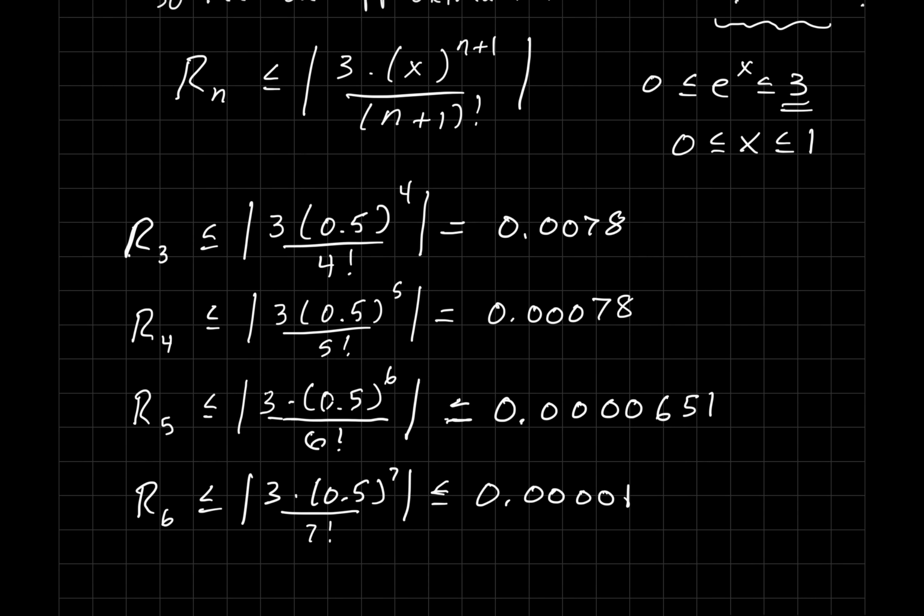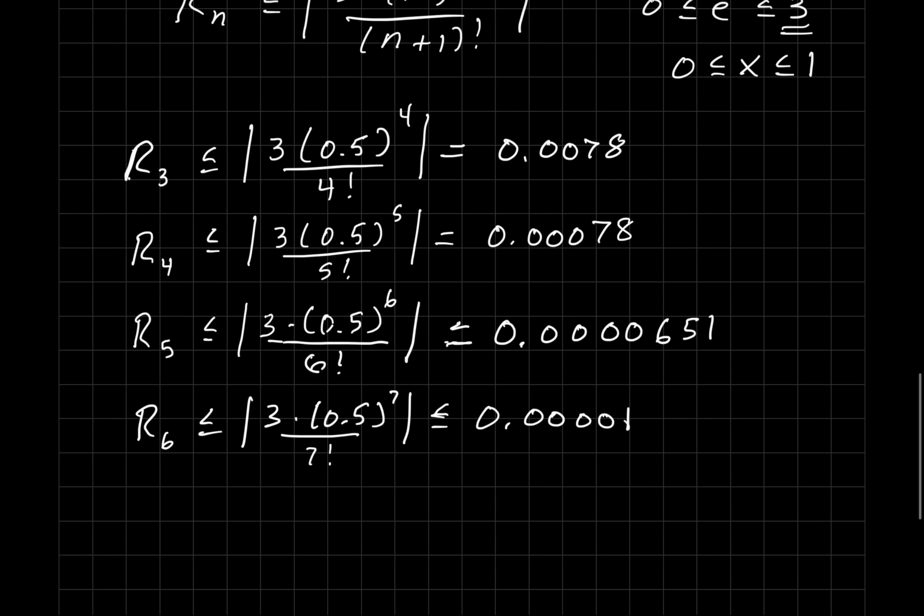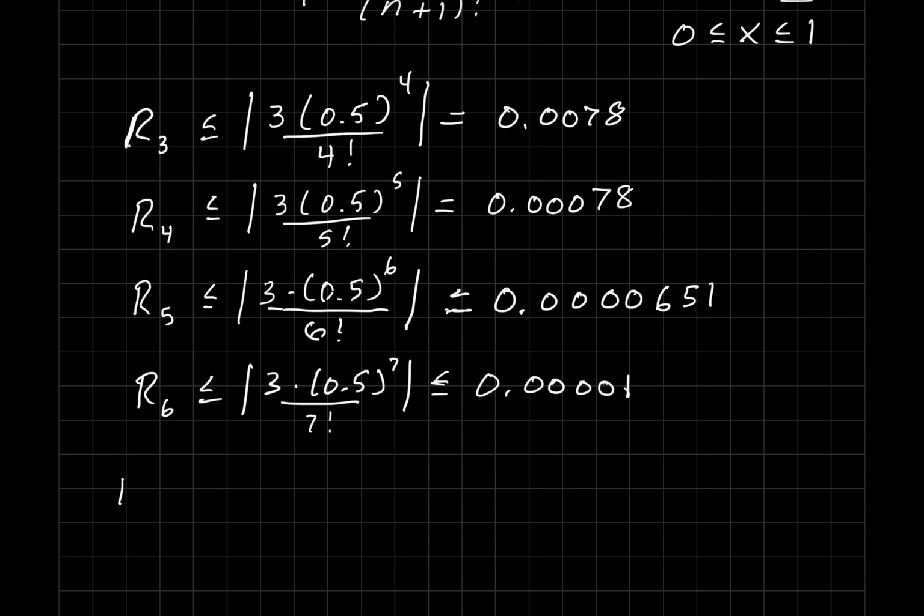Which means I am going to use the 6th degree polynomial to approximate e to the x at 0.5. So the approximation is about 0, but I'm trying to approximate e to the 0.5.